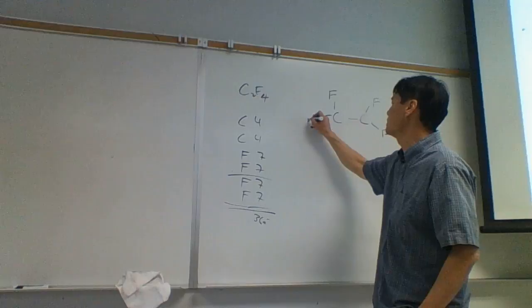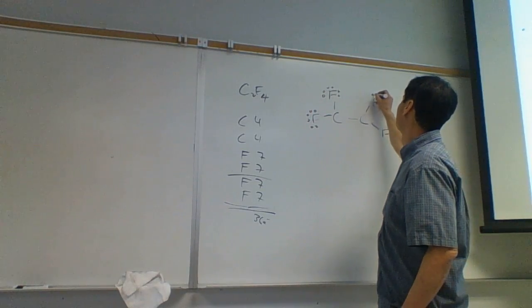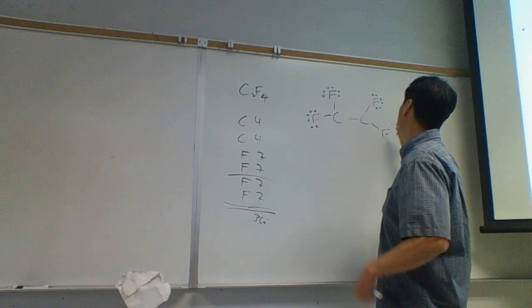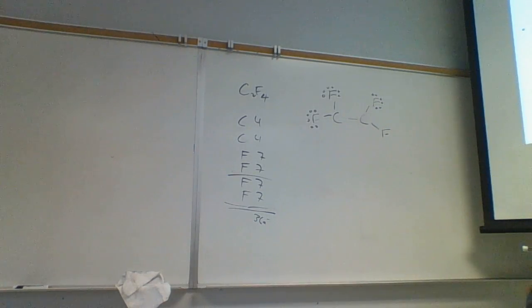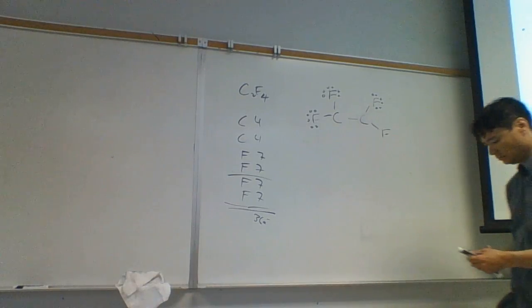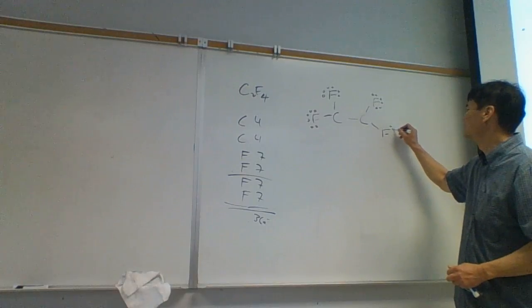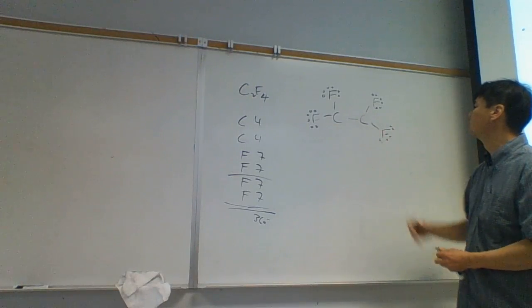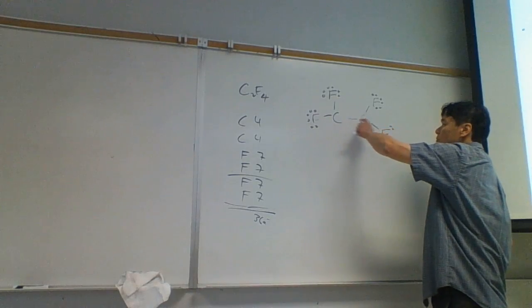Let's complete the octets to fluorine, and then count how many electrons are left over. So that's 8 here times 4 is 32.